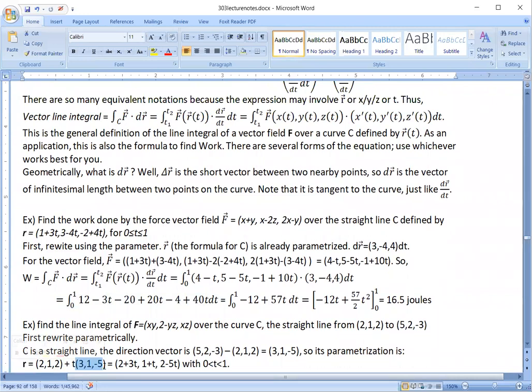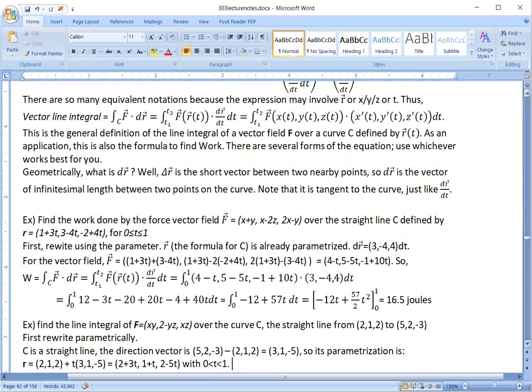So we want the boundaries for t to be from 0 to 1. And for these sorts of parameterizations of line segments, it always works out like that. So now we've got our parameterization of the curve, and that actually puts us exactly where we were in the previous problem in terms of steps.